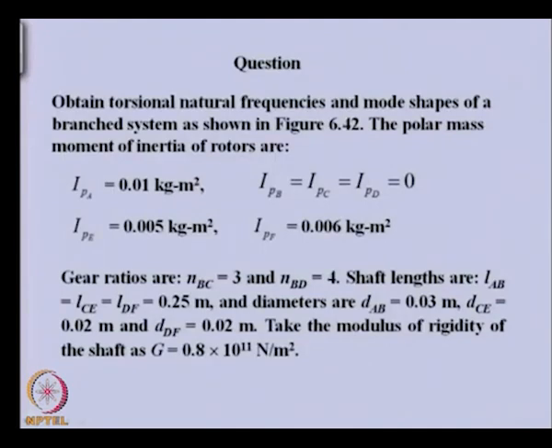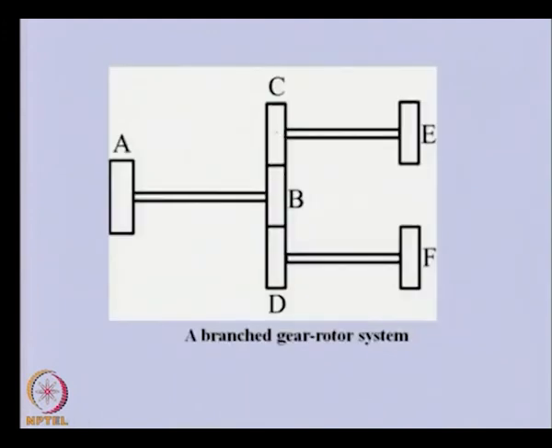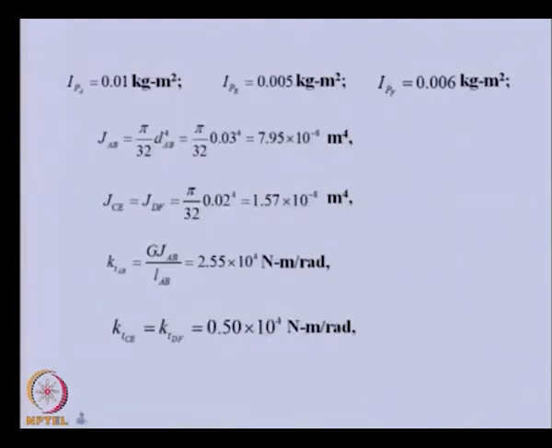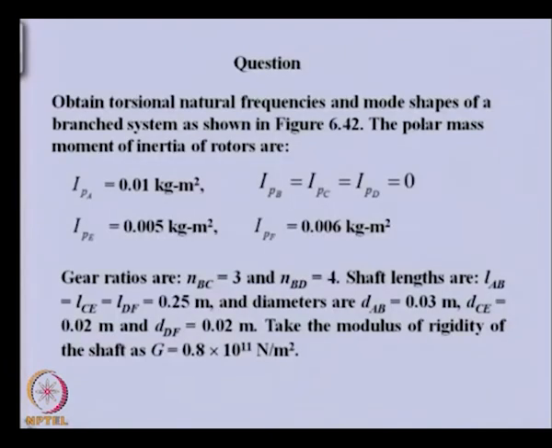And in this particular case, these are the polar moments of inertia of the various disks. The polar moment of inertia of the gears we are neglecting, and the gear ratio between gear B and C is 3, and similarly between B and D gear is 4.